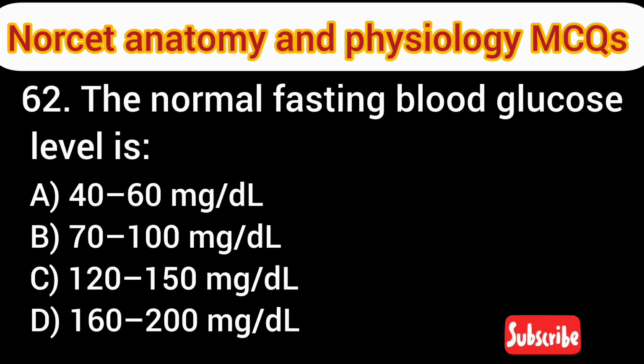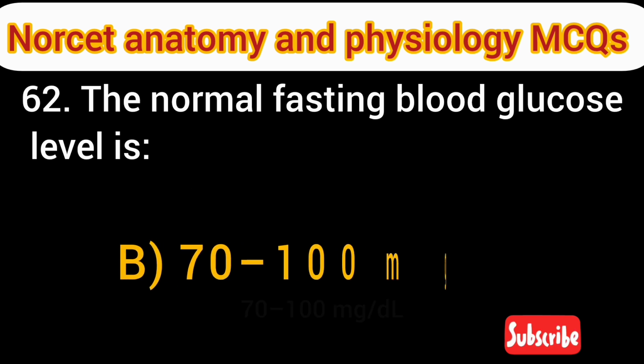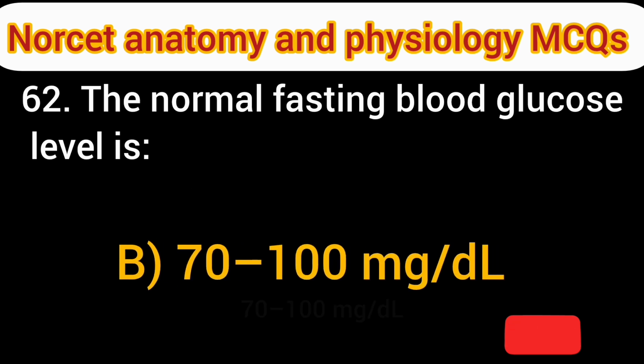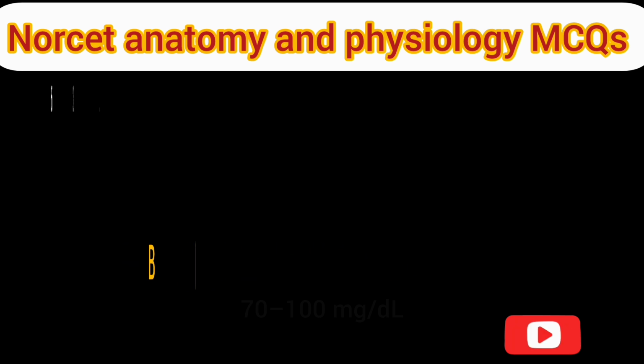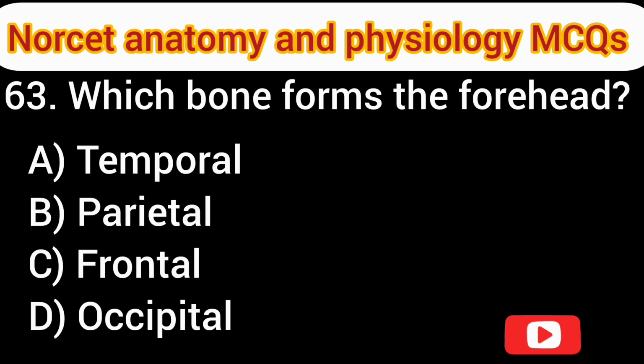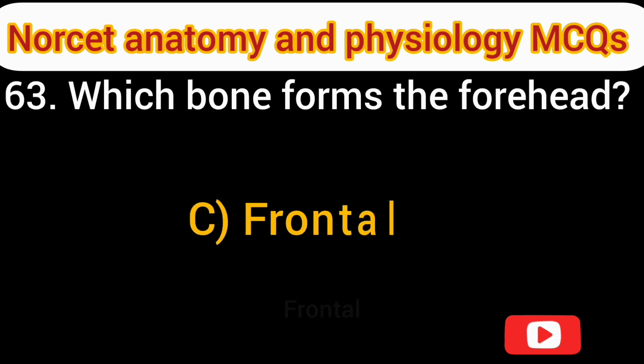The normal fasting blood glucose level is. 70 to 100 mg/dL. Which bone forms the forehead? Frontal.